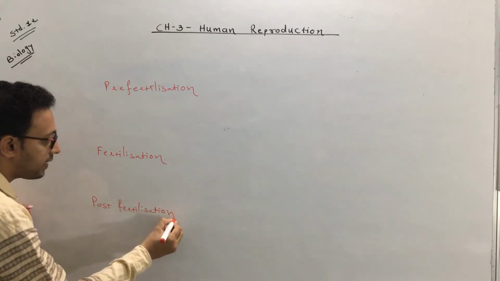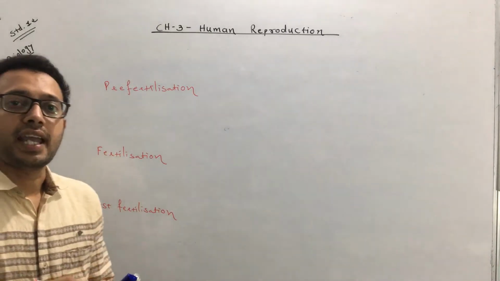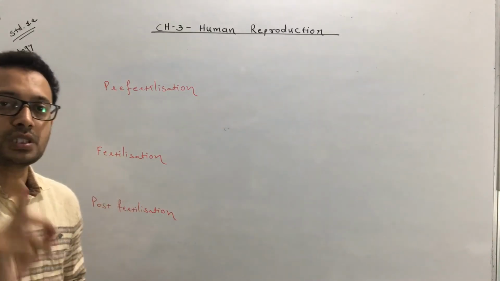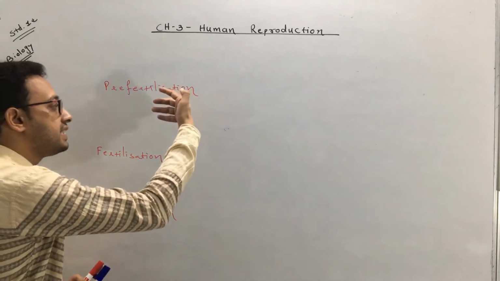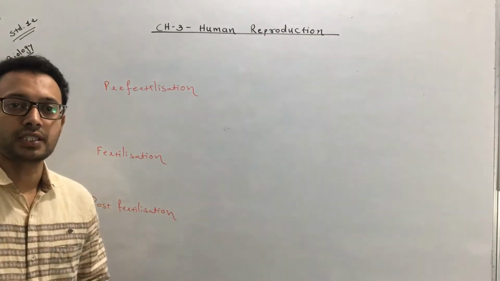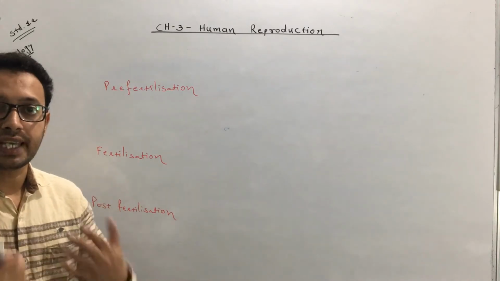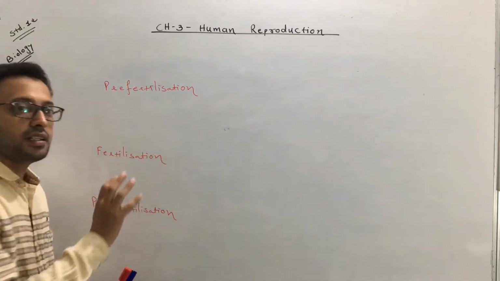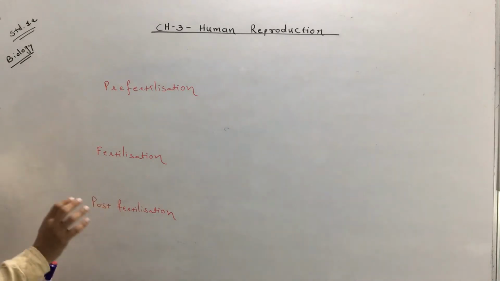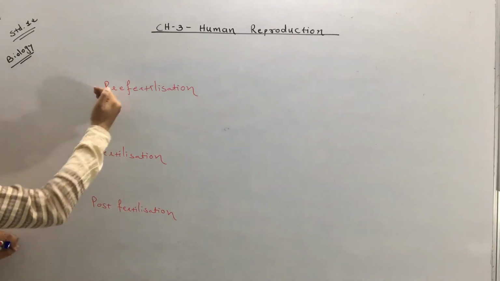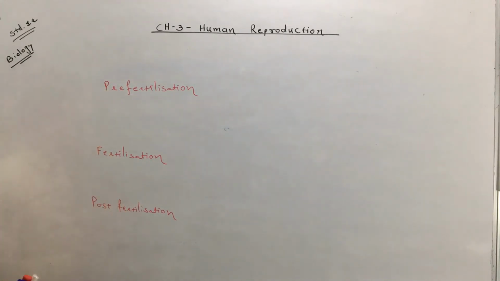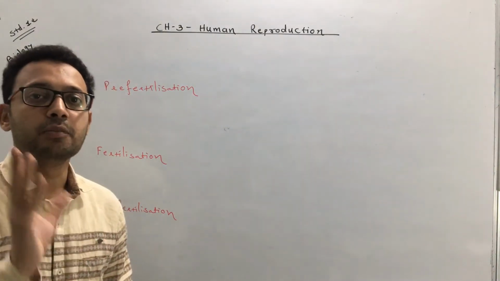You have learned it in the first chapter. Any living organism that reproduces sexually has these basic three events, whatever the living organism may be, whether it's a simple one or a complex one like us. Similarly, these three events also occur in human beings.